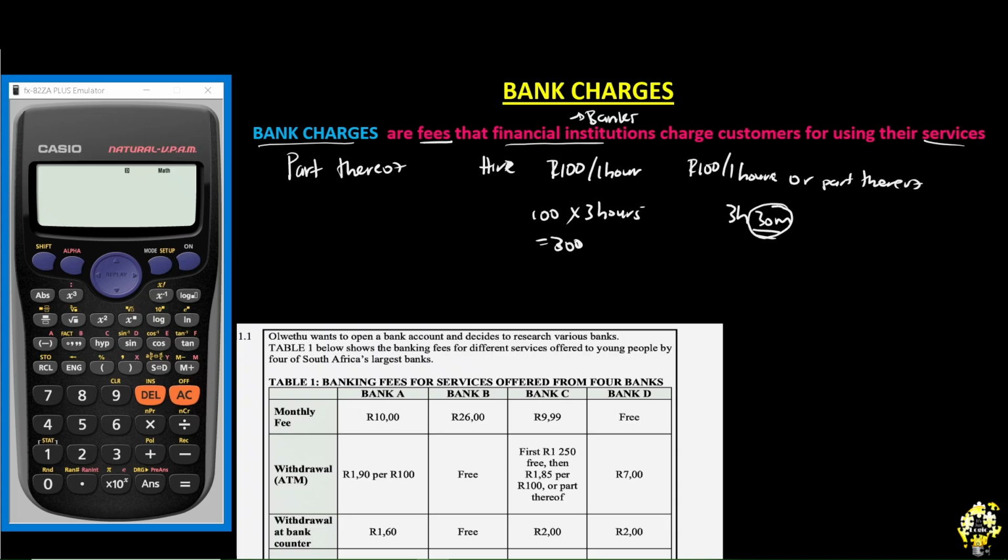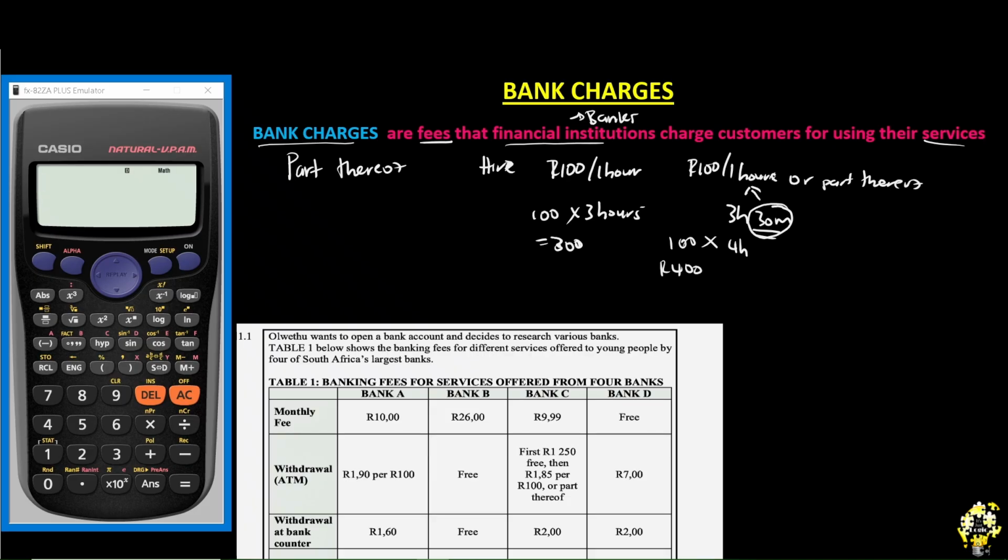So when you do the laundry for 3 hours, 30 minutes, your remuneration is not going to be for 3 hours only. It is going to be for 4 hours. Why? Because you are paid for these 3 hours, and this 30 minutes is also treated as a whole hour. Therefore, you are supposed to be paid 400 Rand.